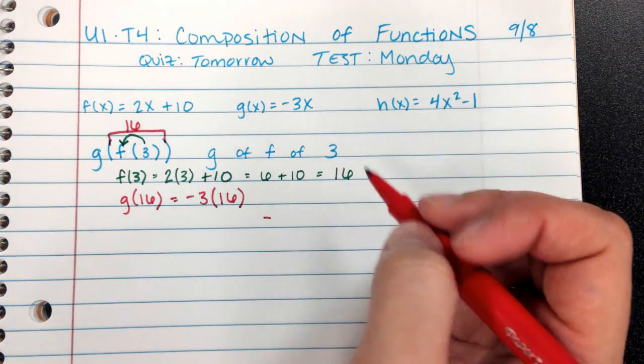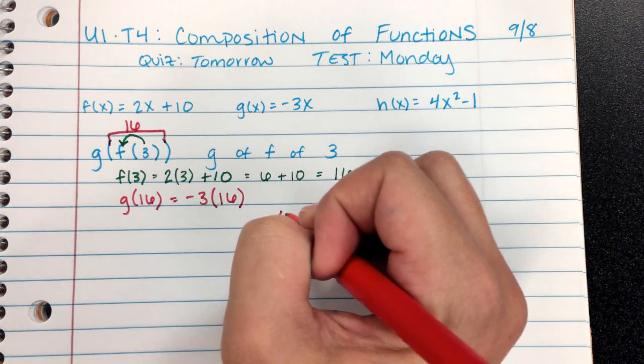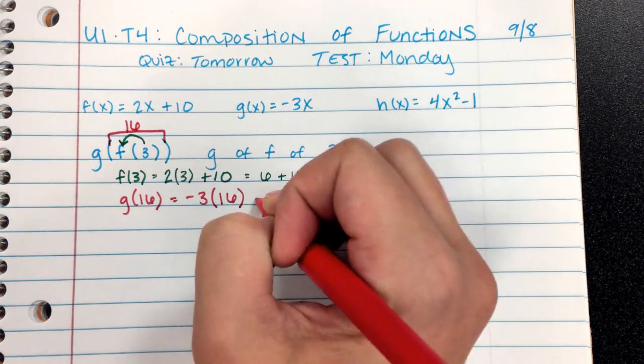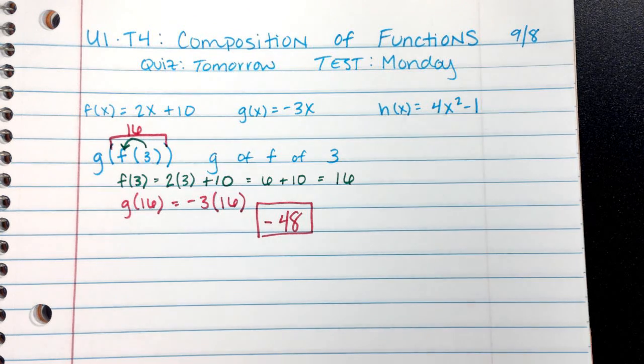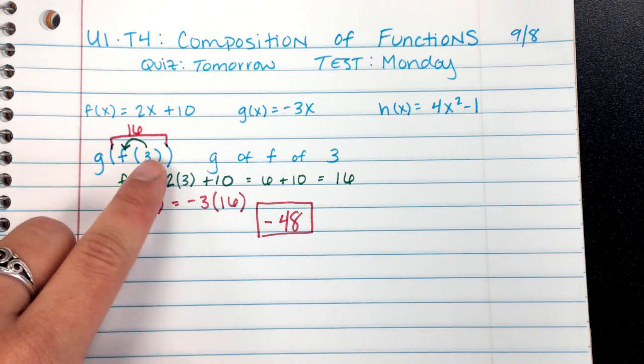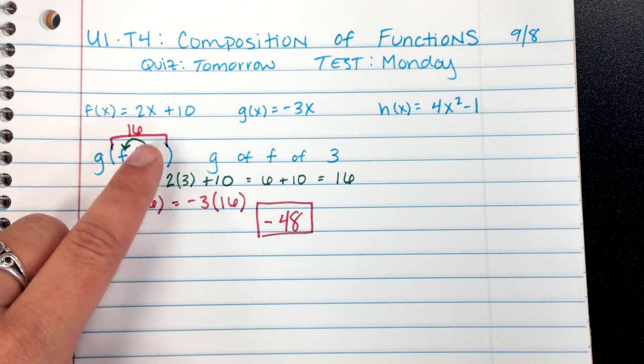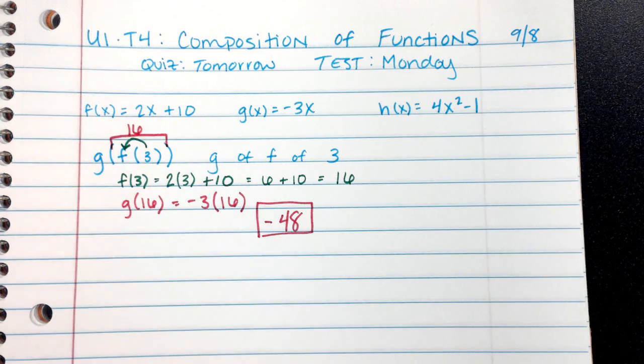Well, then figure it out. Come on. Negative 48 would be my final answer. How did I know I should have a number as a final answer? Because that 3 in the problem told me to have a number. Okay, let's go try another one like that.